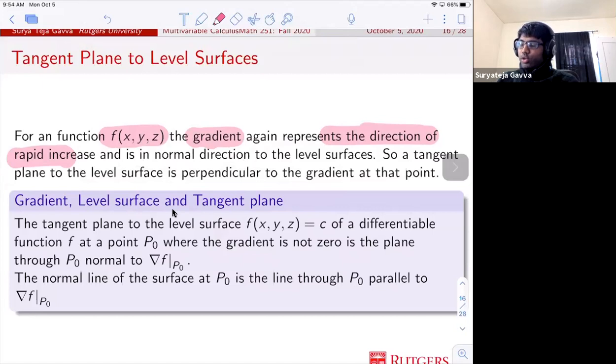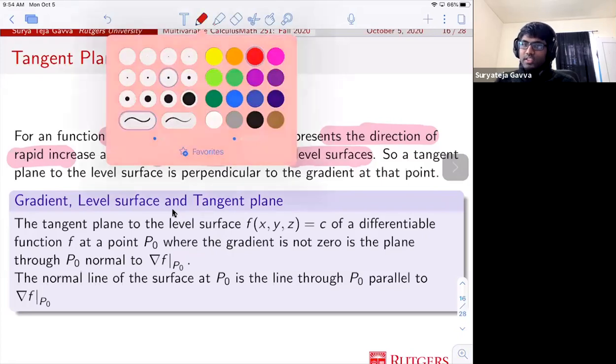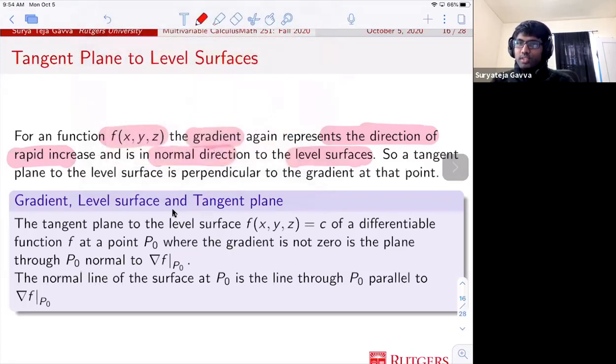But what does it mean in terms of the level curves? If you have f of x, y, z, we don't have level curves anymore. We'll have level surfaces, and still it is in the normal direction. Okay, so that's the only difference. The gradient will always give you the direction of most increase, but in the case of 2 dimensions, it will be normal to a curve.